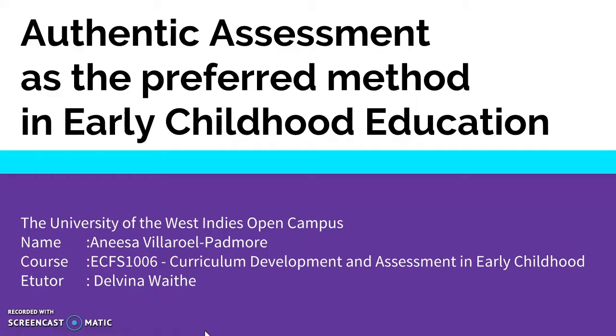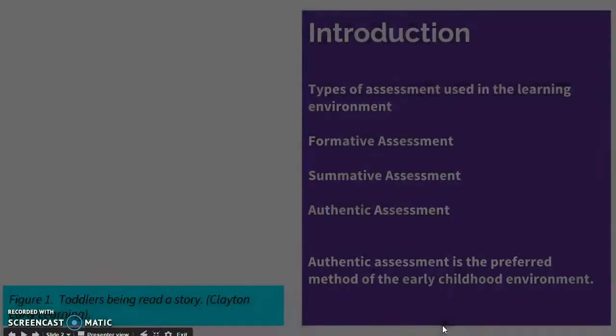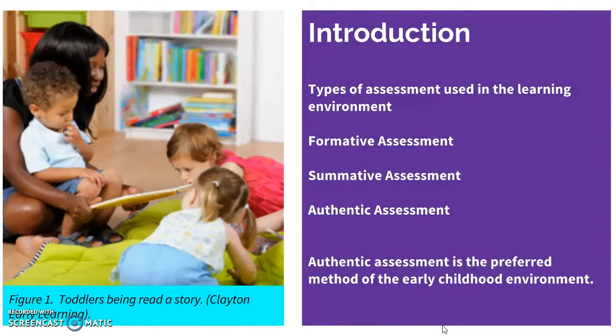Authentic assessment as the preferred method in early childhood education. There are several types of assessment that are used in determining what a child has learned and understood, such as formative assessment, which is task-oriented, student-guided, and can be informal and formal.